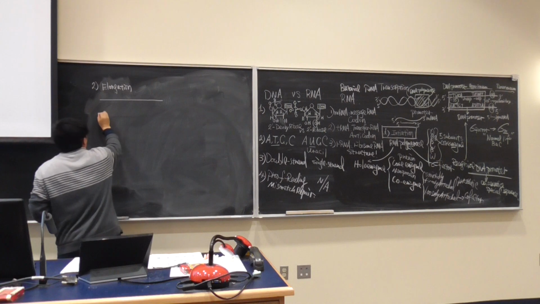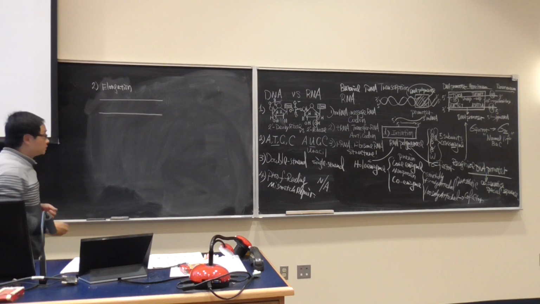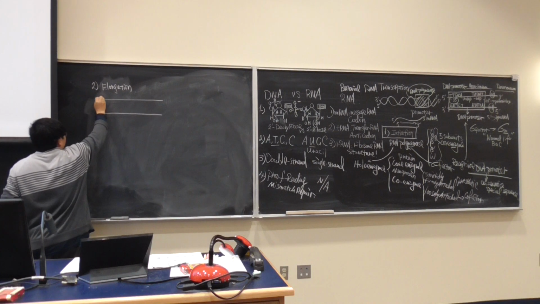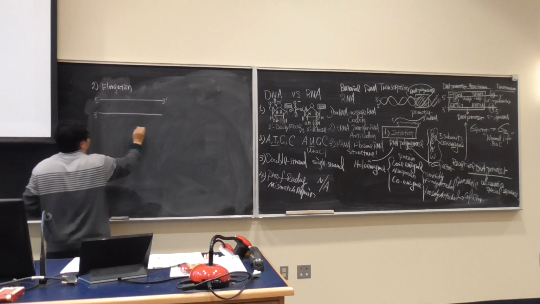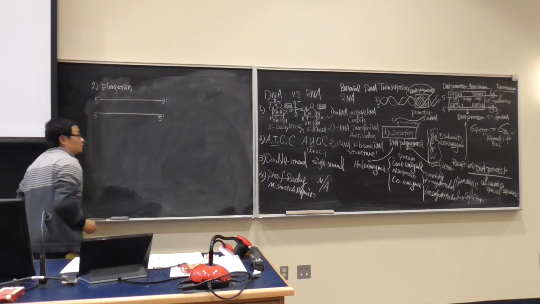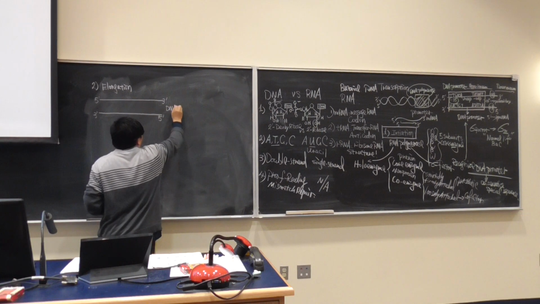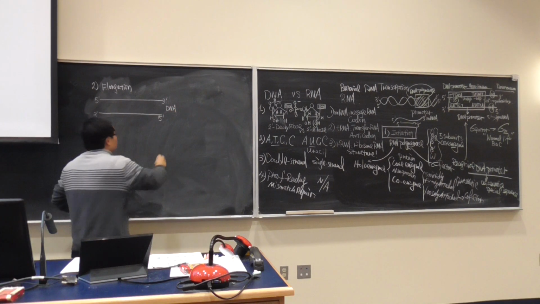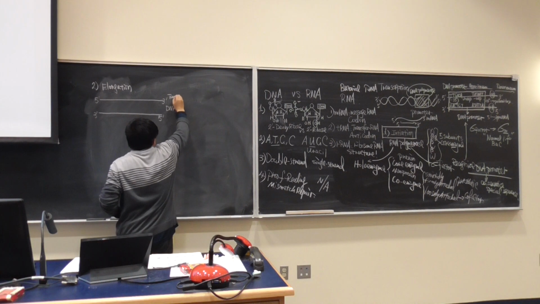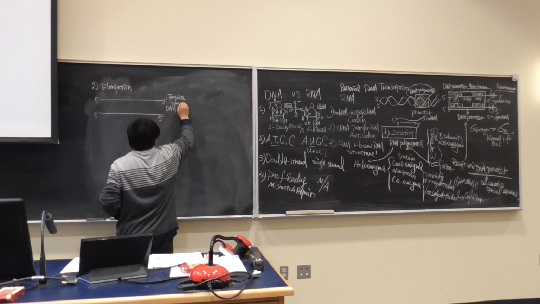Let's do a quiz. Okay, I have 2 strands. This is 5 prime to 3 prime. This is 3 prime to 5 prime. This is the DNA. And the DNA has 2 strands, one of which, the strand on the top, we call a template strand.